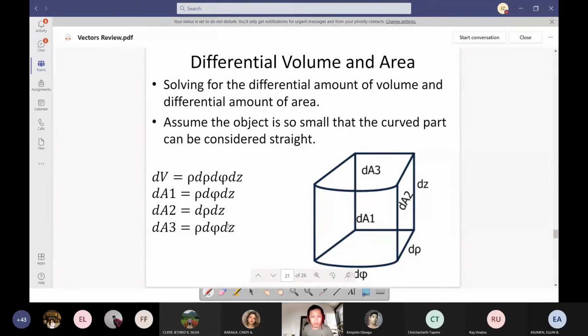Oh, I made a mistake. This should not be rho d phi dz. This should be rho d phi and d rho. Kindly take note, that was wrong for differential area 3.